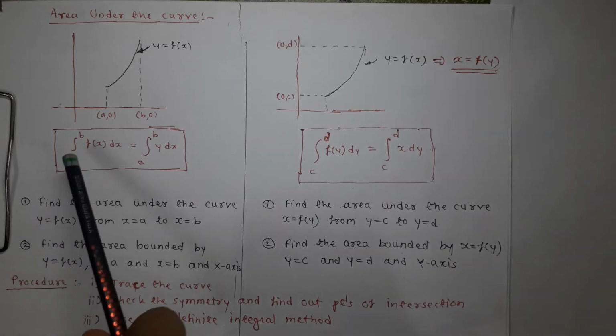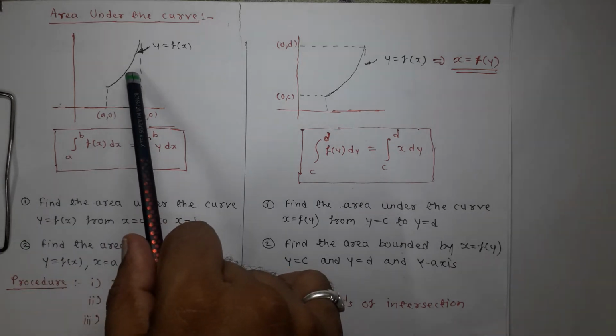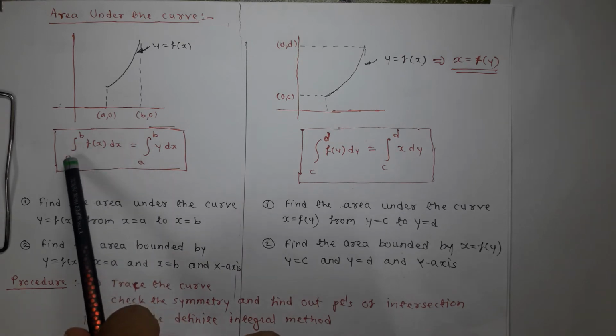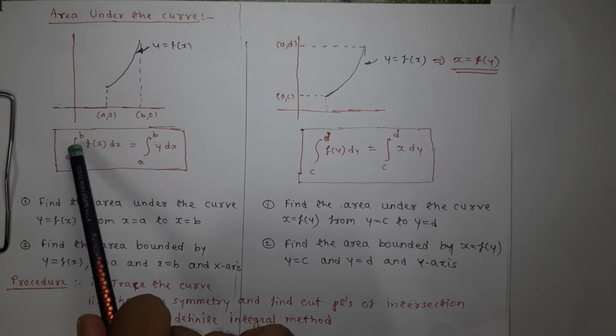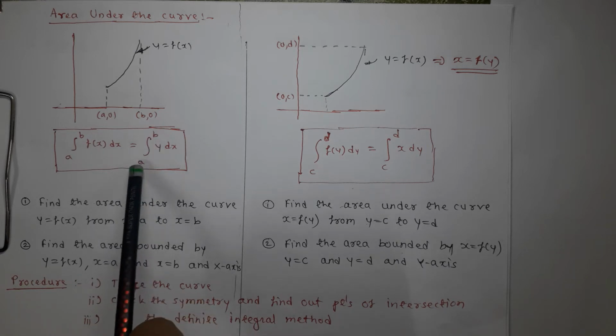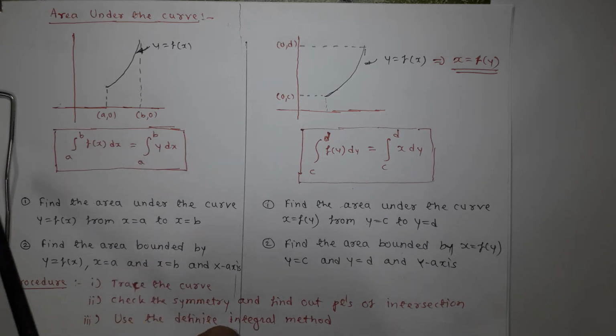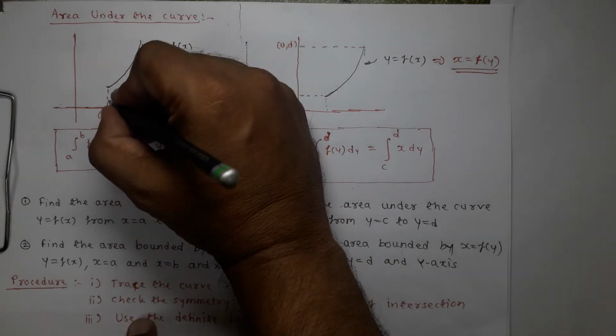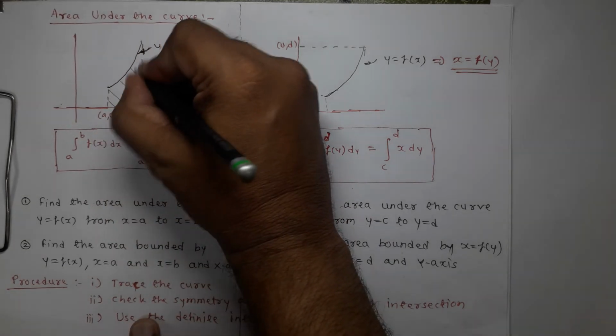You know that the area under this curve, when we use this equation, is the integral from a to b of f of x dx, or it is equal to the integral from a to b of y dx, it means that you get the area under the curve.